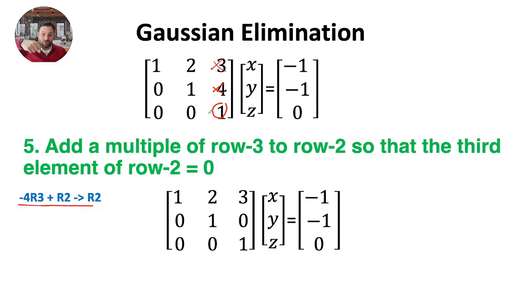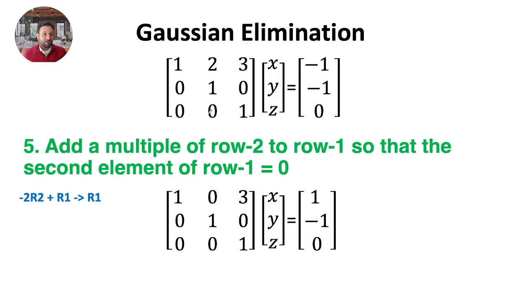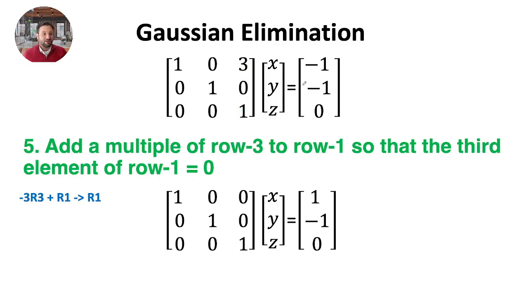I used this to eliminate this guy, and I'm going to use this one to eliminate this guy, and then use this guy to eliminate this guy. And they can all be done with row operations.